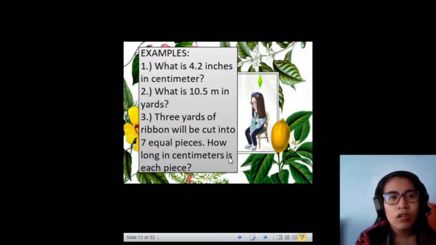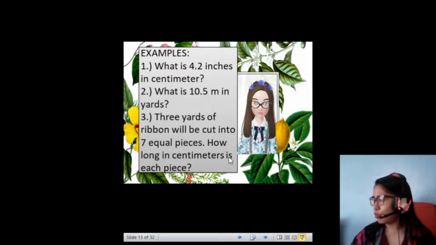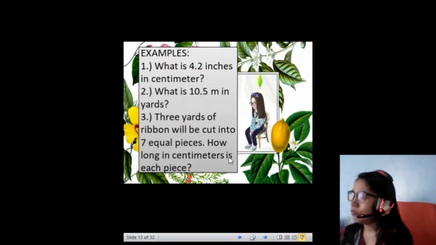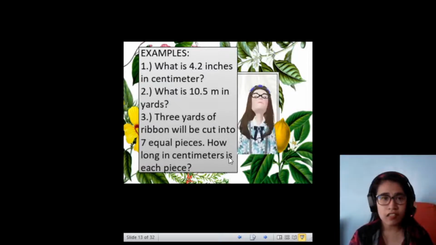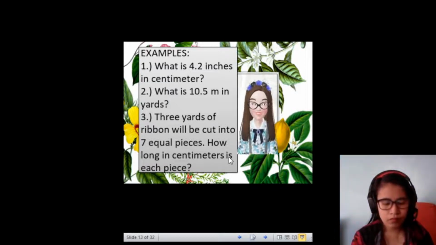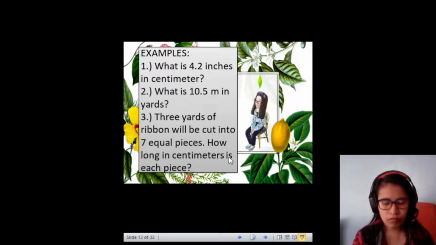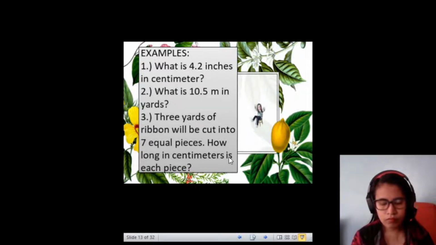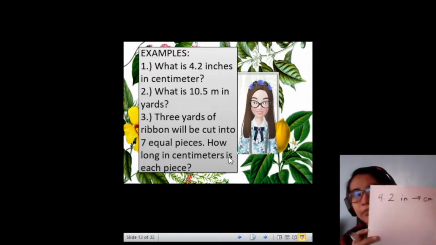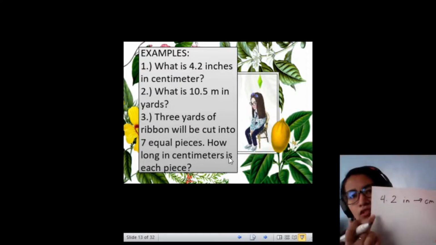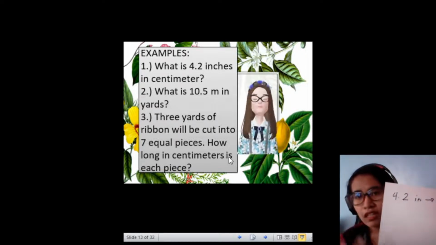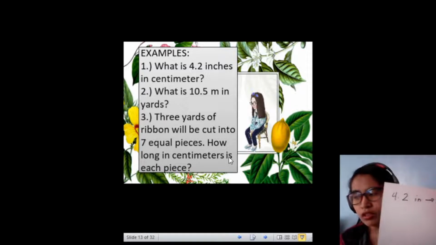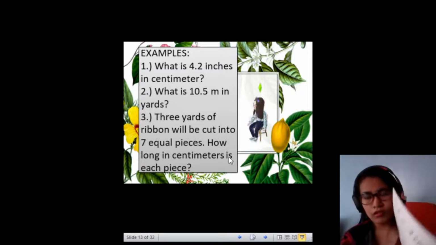Okay, we have here some examples. What is 4.2 inches in centimeters? So we're going to solve it now. I need to convert that inches into centimeter, knowing that 1 inch is equal to 2.54 centimeter.